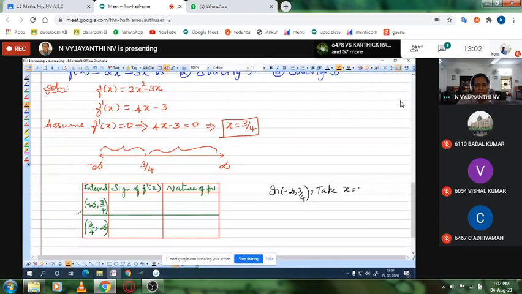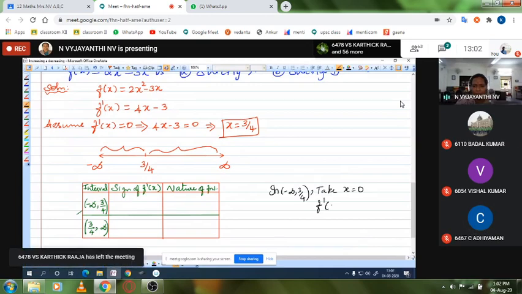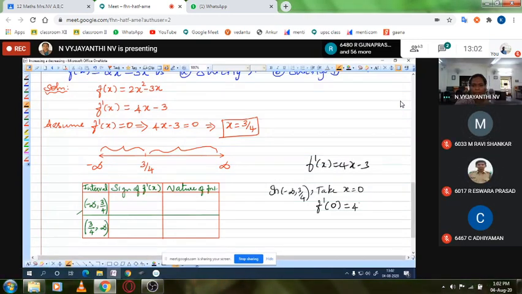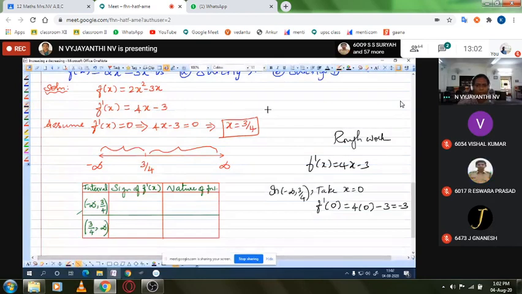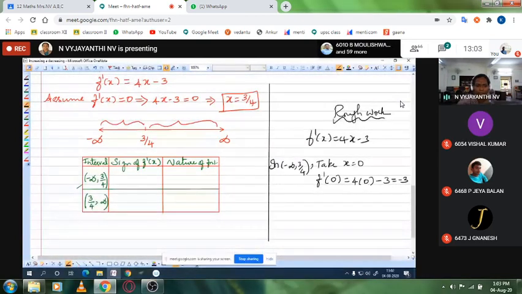Take x as 0, so what will be f dash of 0? f dash of x is 4x minus 3, so 4 into 0 minus 3 is minus 3. What is the sign of this f dash of x? Negative. You can calculate all this in rough work. So it is negative.